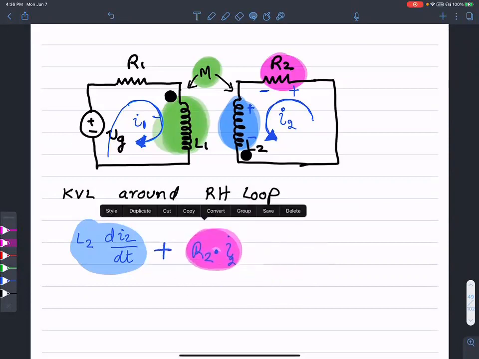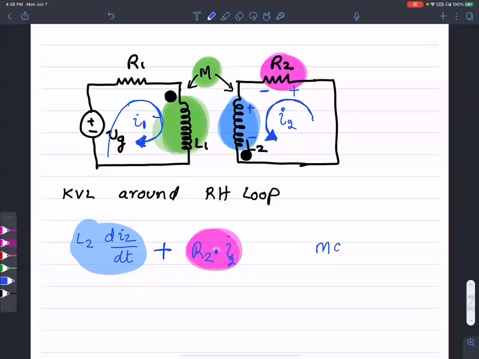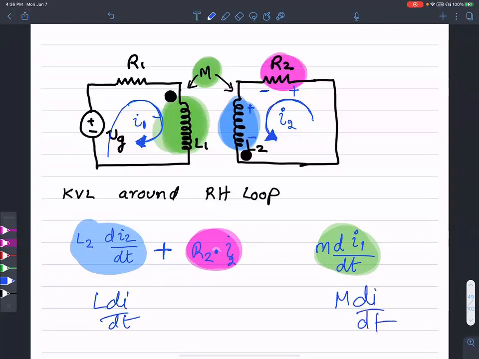In order to account for that, I'm going to say mutual inductance times d by dt of I1. Both of these have the same form, L di by dt or M di by dt, because this is a self-inductance, I2 induces a voltage in itself, whereas this is the mutual inductance, induced by the opposite current, I1.